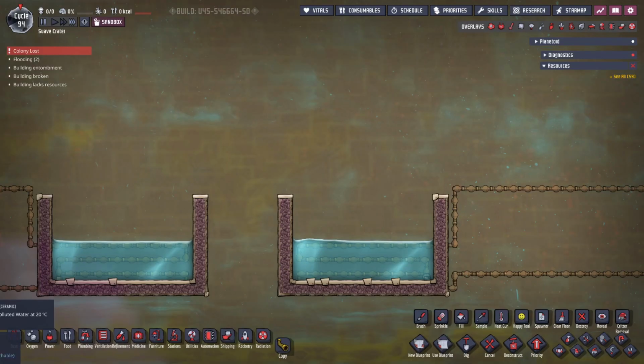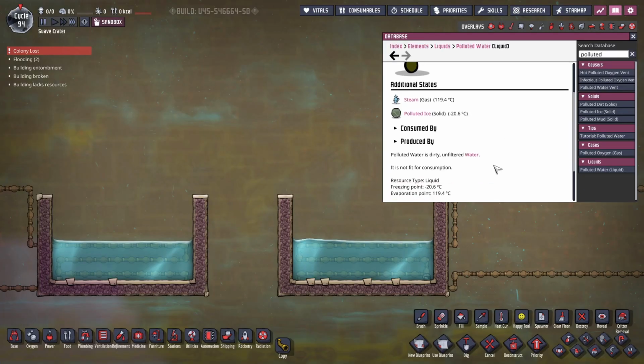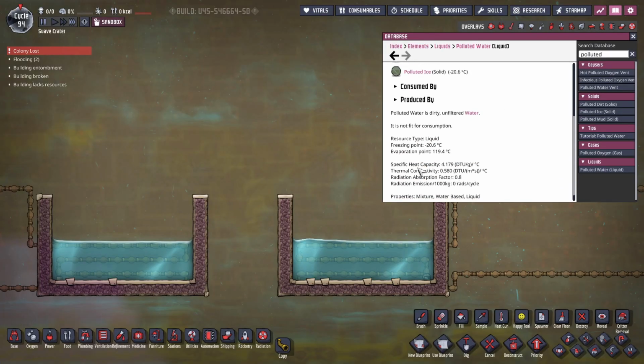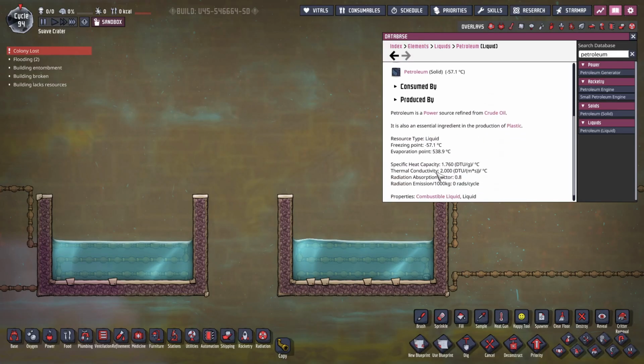In this example, we are going to try to cool down water, and to do so we will use two different coolants. We will use polluted water on the left side and we will use petroleum on the right side. The polluted water has a specific heat capacity of 4.179 and a thermal conductivity of 0.580, and the petroleum has a specific heat capacity of 1.760 and a thermal conductivity of 2.